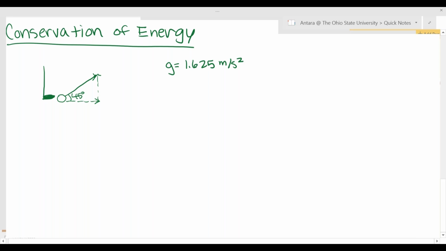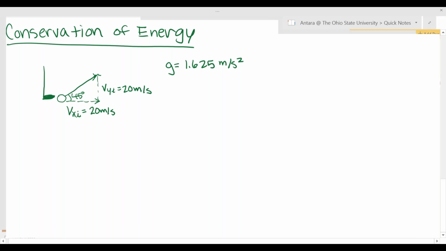And let's go ahead and break down this trigonometry so you can use this in future examples. So the initial velocity in the x direction is going to be 20 meters per second. And the initial velocity in the y direction is 20 meters per second because that was given in the problem.